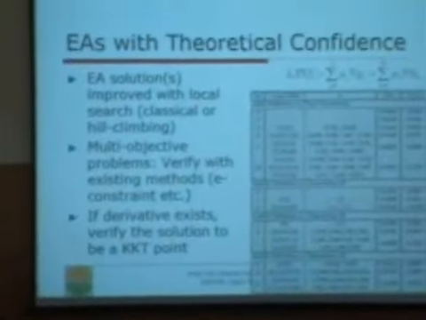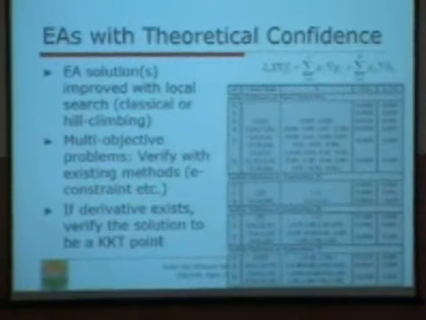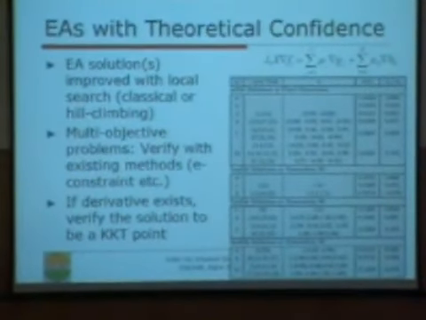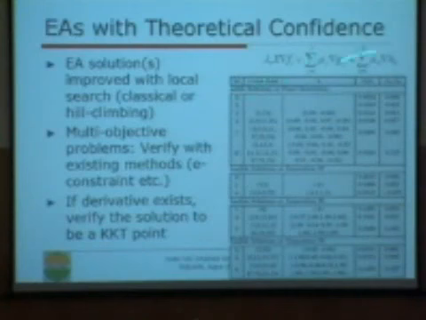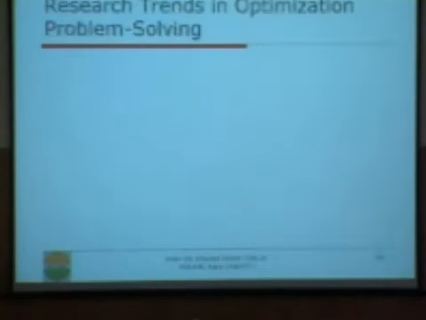We take problems which are differentiable, or where we can at least do a numerical gradient computation, and find a GA solution. We go back and show that these points are Kuhn-Tucker points, which are theoretically likely candidates for optimum. We have started this lately, and it shows that in most cases we get very close to the Kuhn-Tucker point. This gives another dimension to optimization research, saying that EAs are finding solutions which are worth looking at.